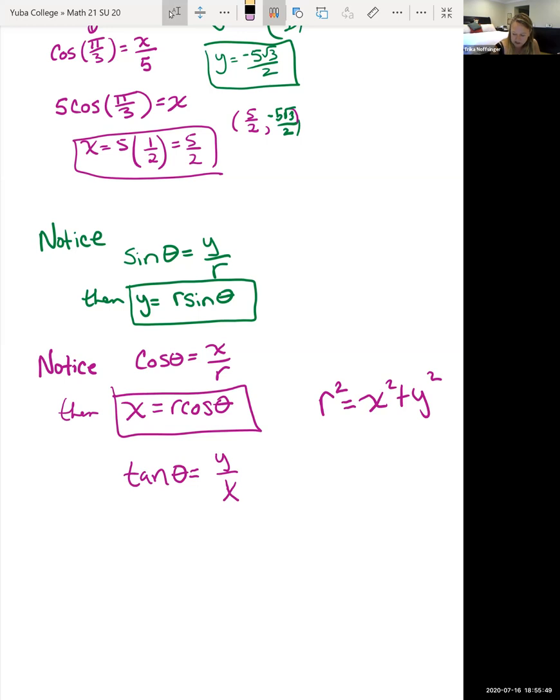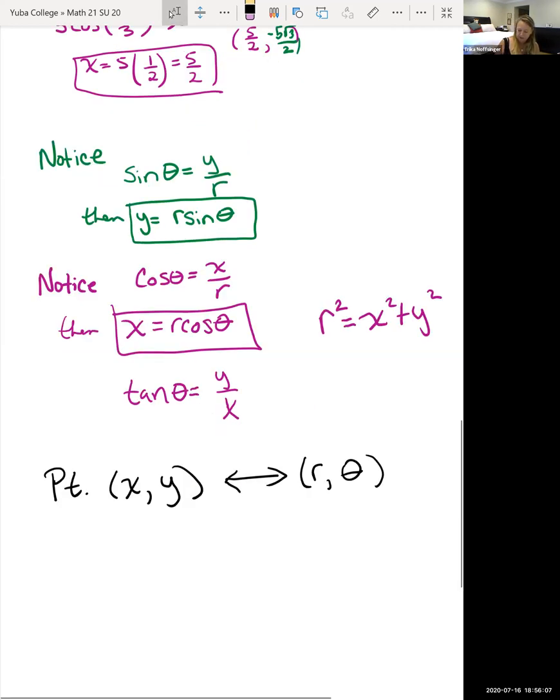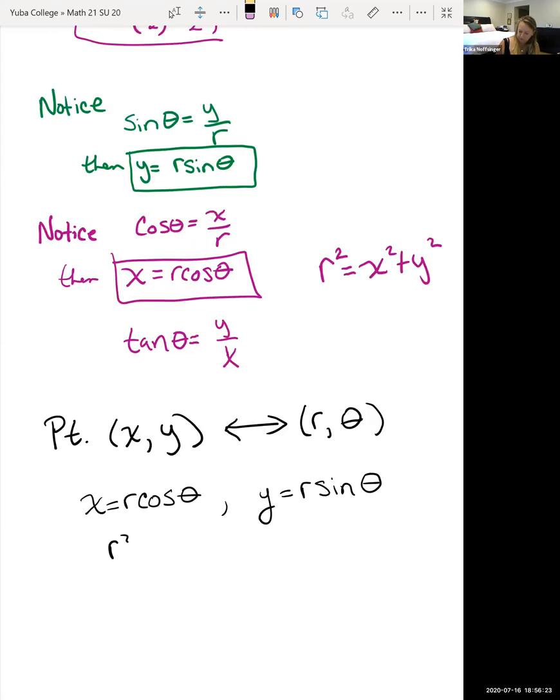So we pretty much just showed if you have a point x, y, that can be converted to r, theta. Well, x is equal to r cosine theta, and y is equal to r sine theta. R squared equals x squared plus y squared.